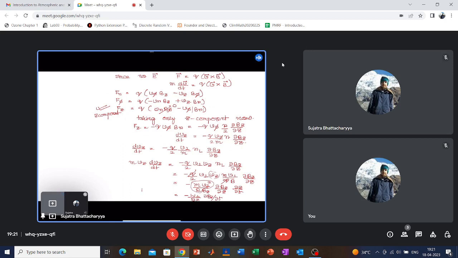This is nothing but half m Vz square, which is nothing but V parallel square, and d dt is there. Why this? Because Vz is nothing but V parallel, because it is in the direction of the magnetic field. Fine.